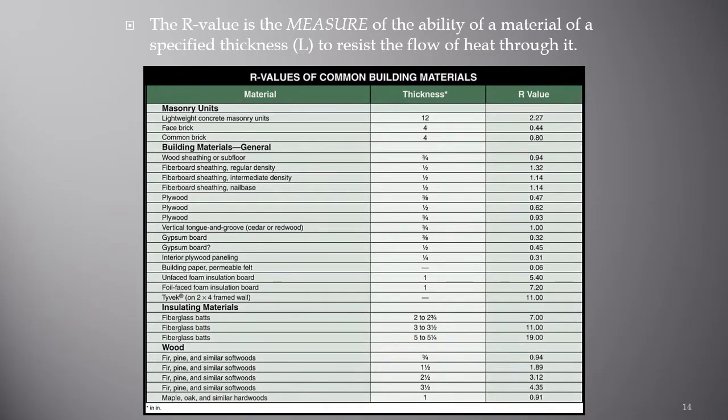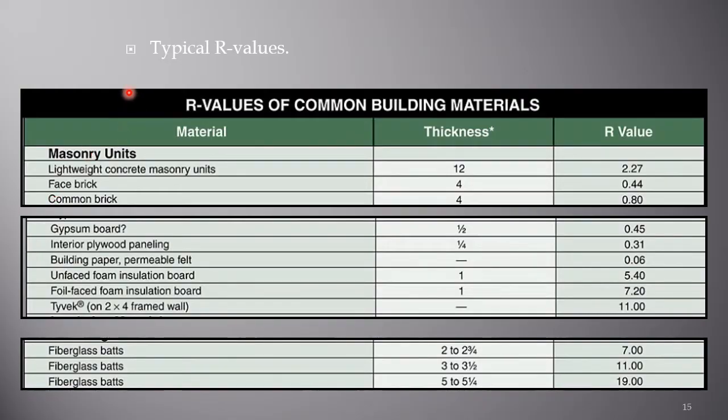Now, all these materials have something known as an R value, which is the measure of the ability of a material of a particular thickness to resist the flow of heat through it. If you look at some typical R values, you will see that lightweight concrete masonry units, basically cinder blocks, 12 inches thick, have an R value of 2.27.